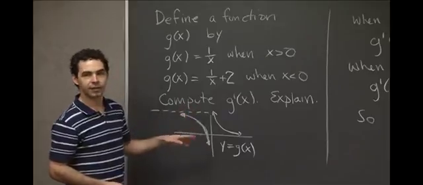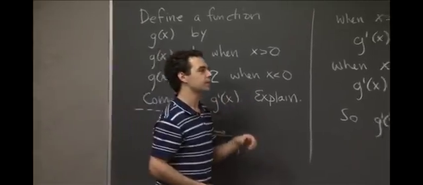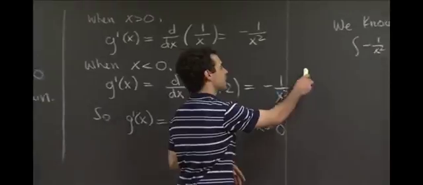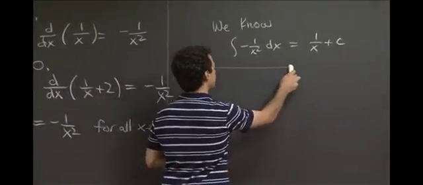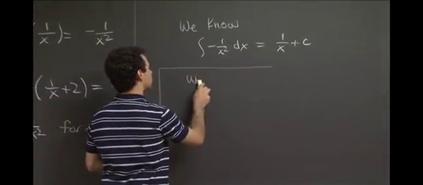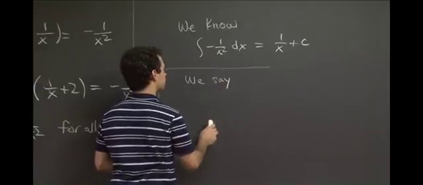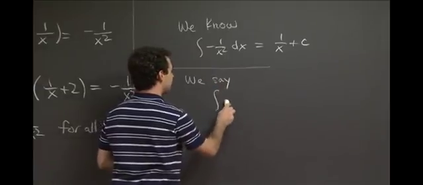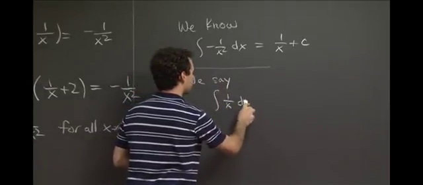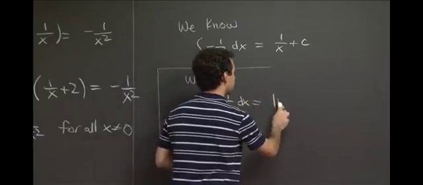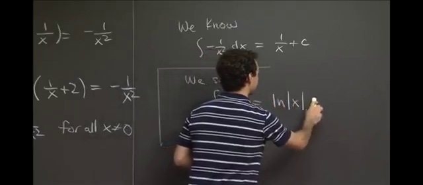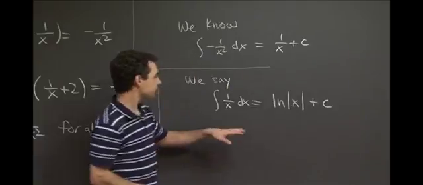So one consequence of this, I'm going to go back over here and just write down one special case of this, is that we say that the antiderivative of 1 over x dx is equal to ln of the absolute value of x plus c.